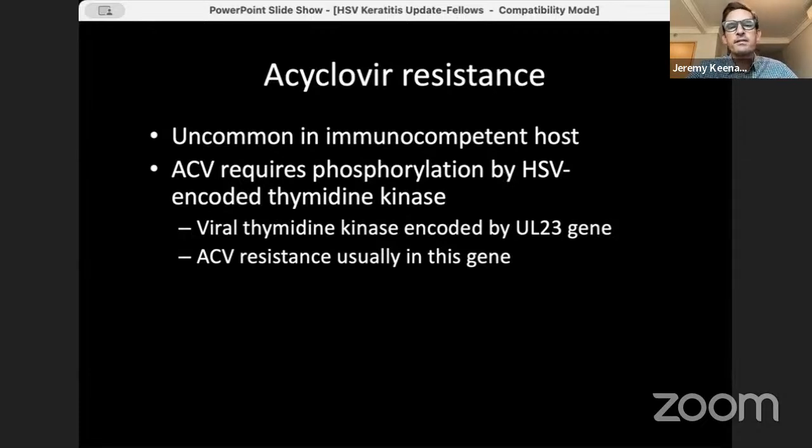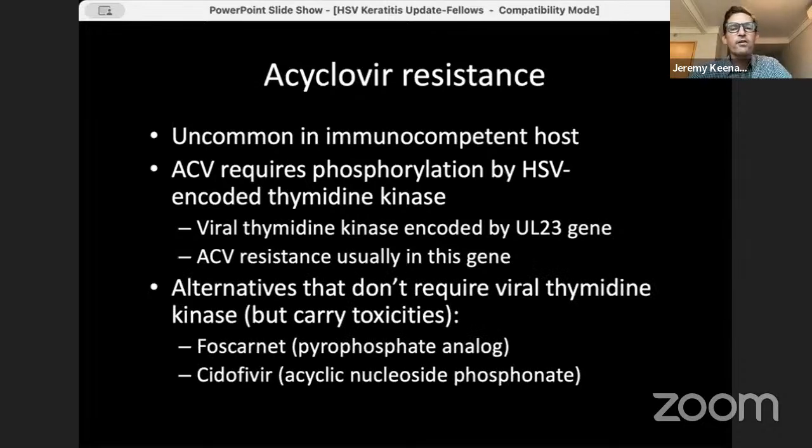All 3 of those theoretically should be affected by this resistance in the UL23 gene. If you wanted to use an antiviral that does not need the thymidine kinase, you could use foscarnet or cidofovir, but these are not as safe of medications as acyclovir.